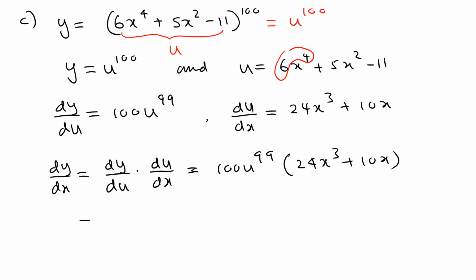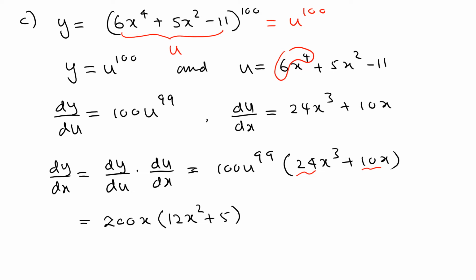So what we do now is we can substitute for u. Also you can see that there's a common factor 2 and an x, so you can pull them out just to find a simplified form, which is 20x. We pull out 2x, and then the leftovers are 12x squared plus 5.